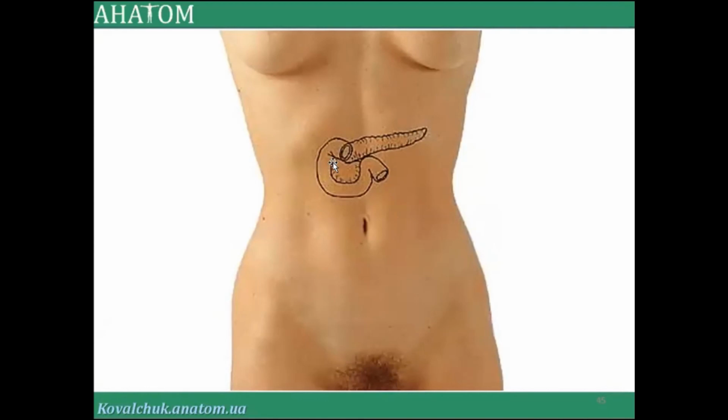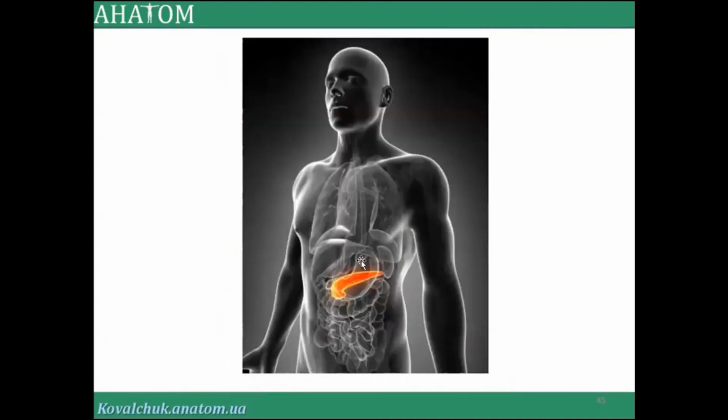And here, what is the gland? What are the glands in the digestive system with a special juice in the duodenum? No, it's the pancreas. Pancreas. It's a special organ located in this region.